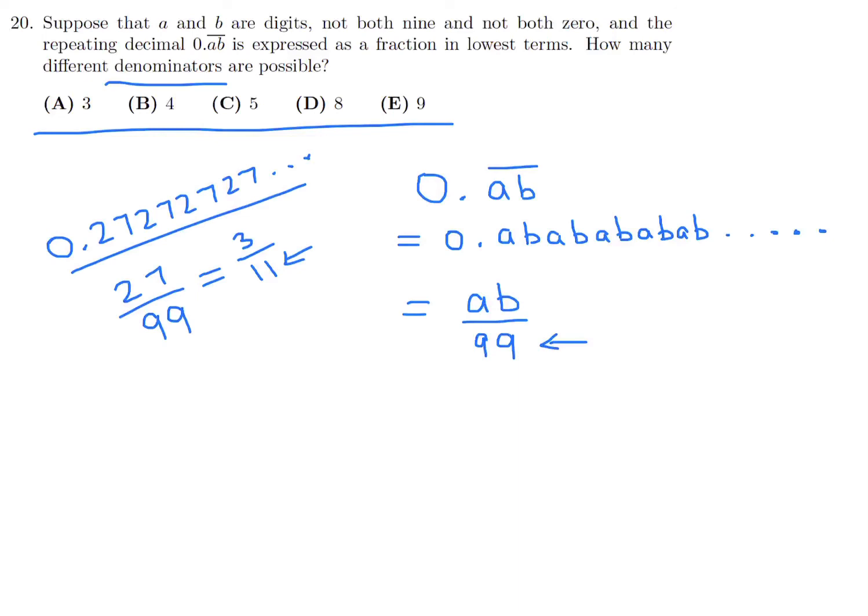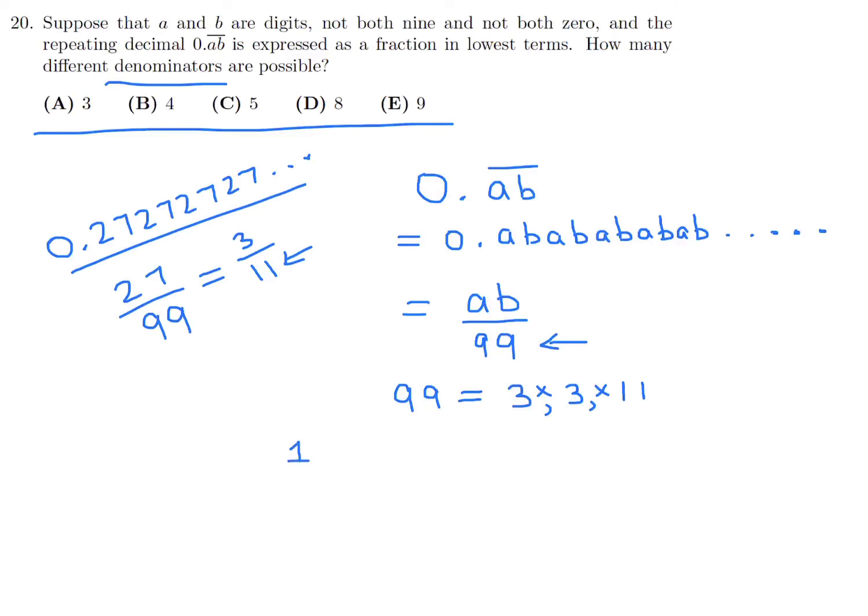Okay, so how do we proceed here? Well, look at the number 99 and break it down into its factors. 3, 3, and 11, right? That's basically what 99 is. 3 times 3 times 11. 9 times 11. So if you have a number like that, how many possible factors are there?